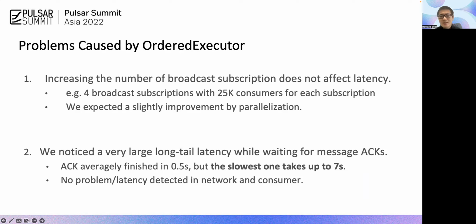The first one is that when we split the 100K consumers into different broadcast subscriptions, the latency does not change too much. For example, when we create 4 broadcast subscriptions and each of them contains 25K consumers, we can expect a better balance between the internal processing of the subscription itself and the communication with bookkeeper.